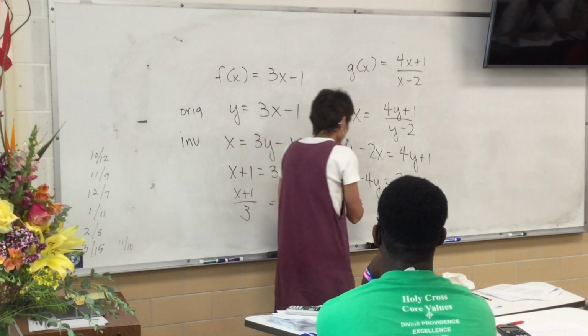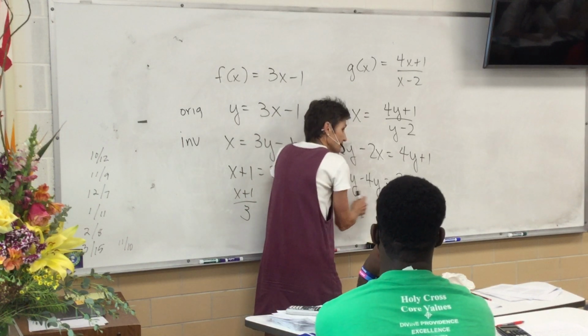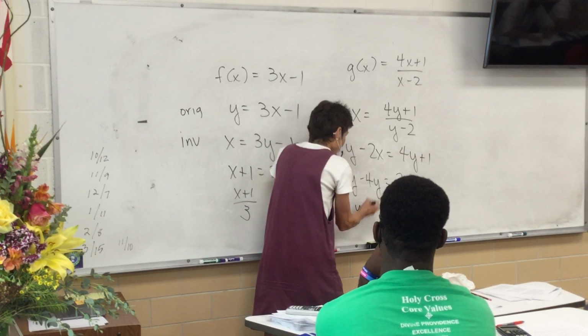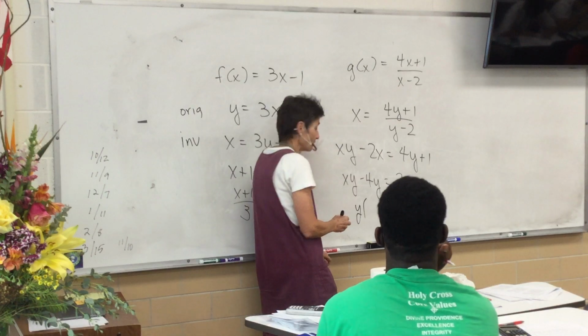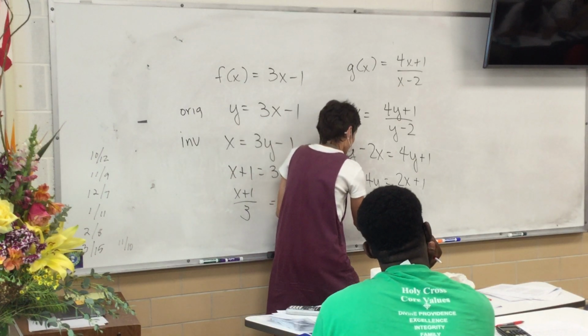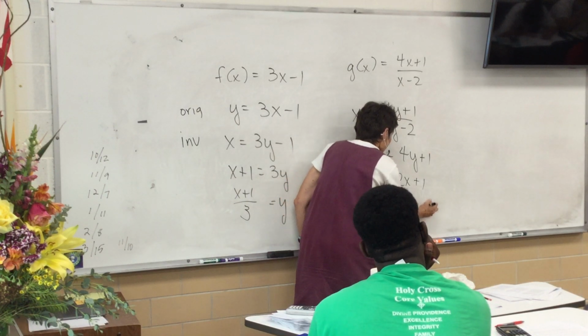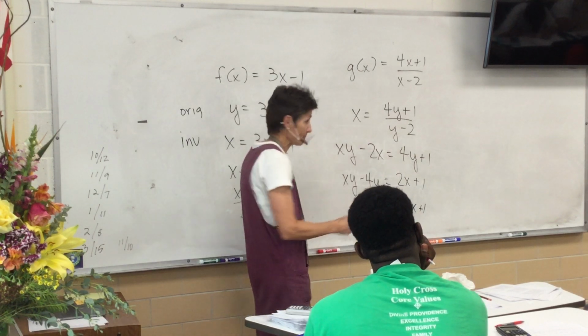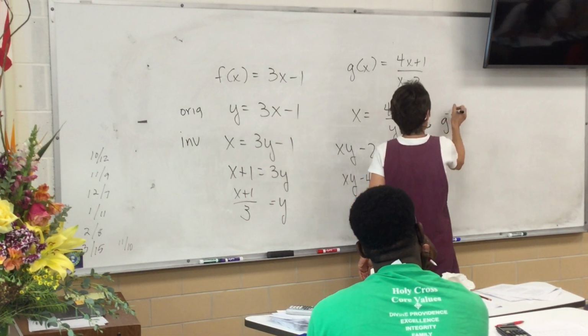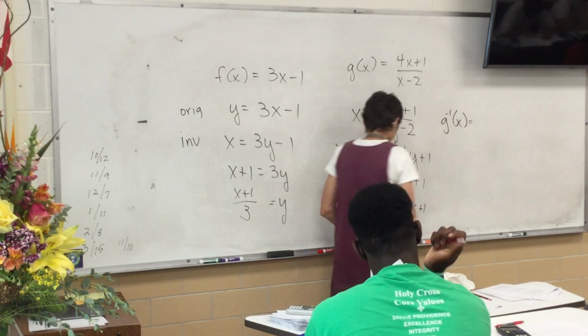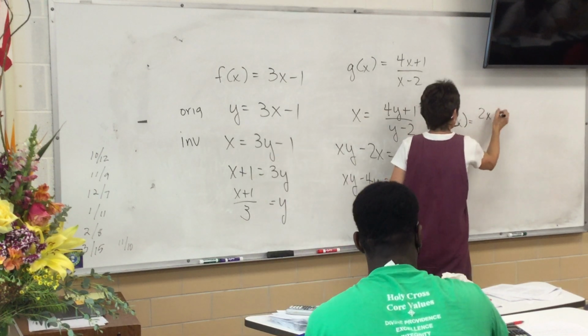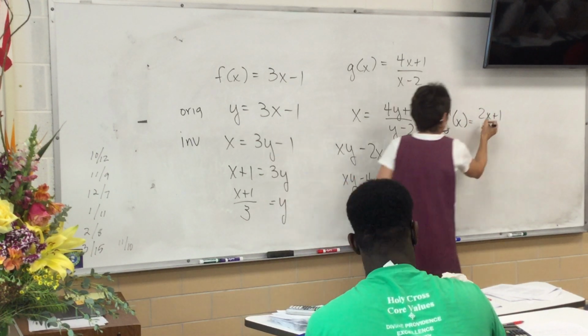Then, like he said, what can I do over here? He said distribute, it's factoring, right? Same thing, we're gonna factor out a y. And then we can divide by that parentheses. So our inverse is gonna be (2x + 1)/(x - 4).